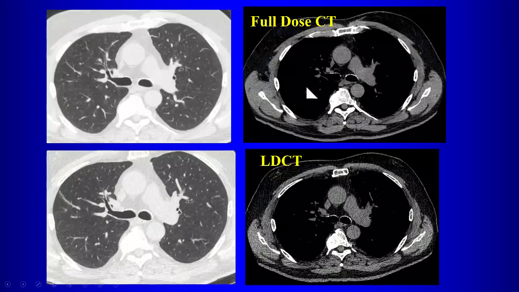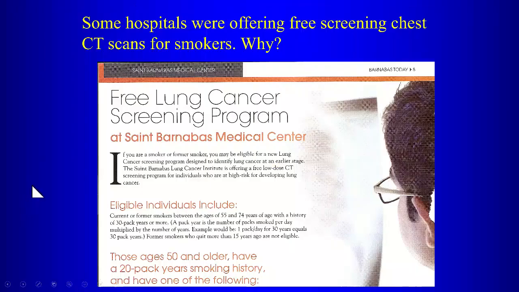So here, compare what the soft tissue windows look like, full-dose CT versus low-dose CT. You can tell that this image is very noisy, looks very granular. That's the noise in the soft tissue windows. But when we're looking at the lung windows and trying to pick up small nodules and lesions, it's pretty good. There's enough inherent contrast within the tissue itself that we can pick up these nodules pretty well, even on a low-dose chest CT. So that's what a low-dose CT is.